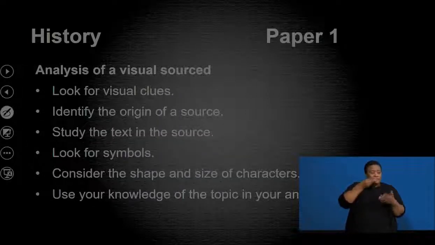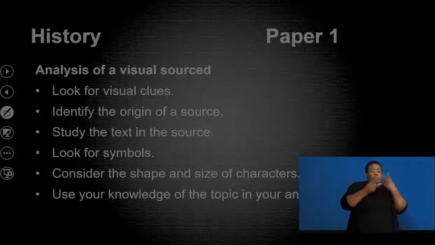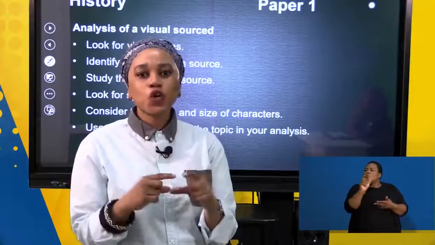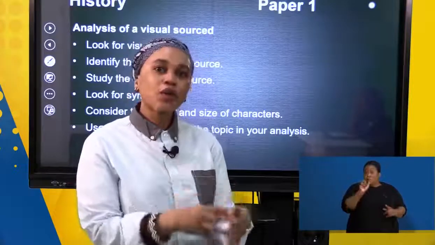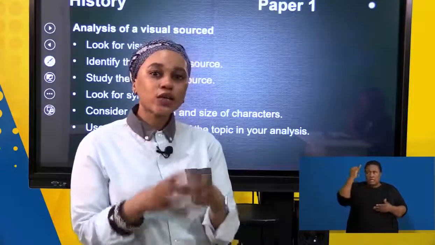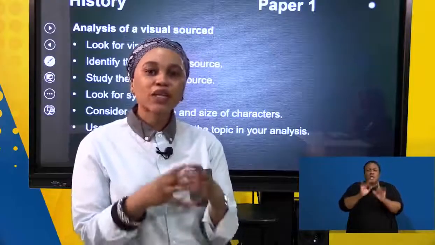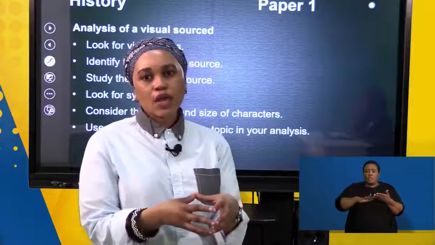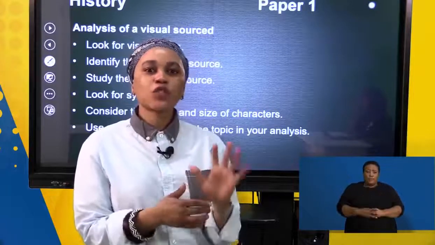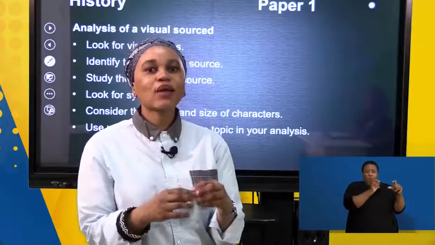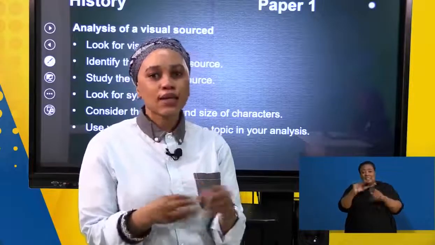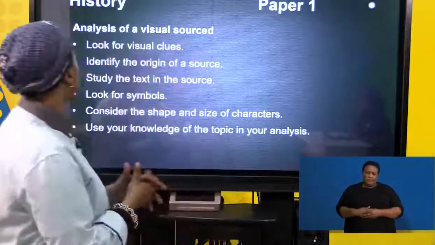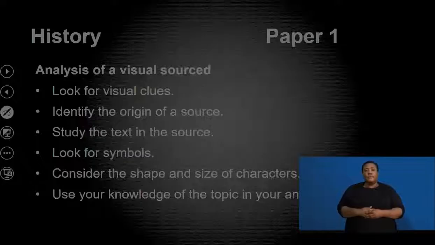Most visual sources, especially cartoons, will have text, even if it's just one word. That word is a clue to answering a question. It is a clue to the particular message that the cartoonist wanted to convey. In some photographs you will not find text, but in cartoons you will find a lot of text.